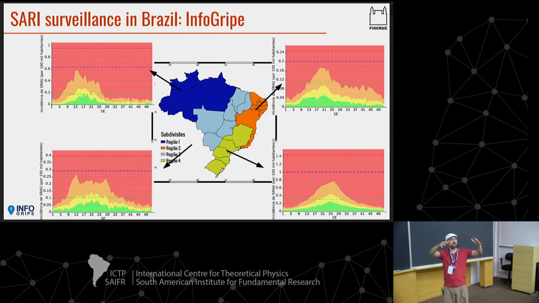Because if the period of the season where you have increased volume changes too much from one season to the other, your distribution of expected cases for each week goes all over the place, right? So this is only meaningful if you have a more or less stable pattern from one season to another.